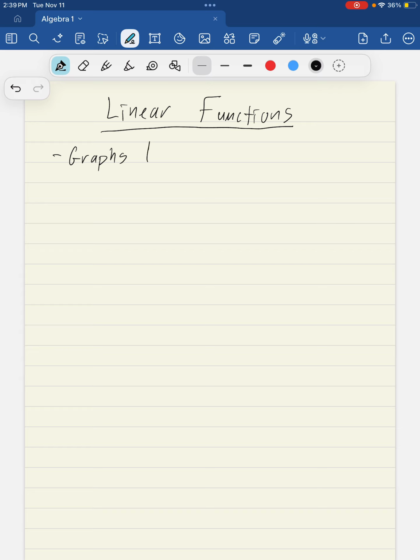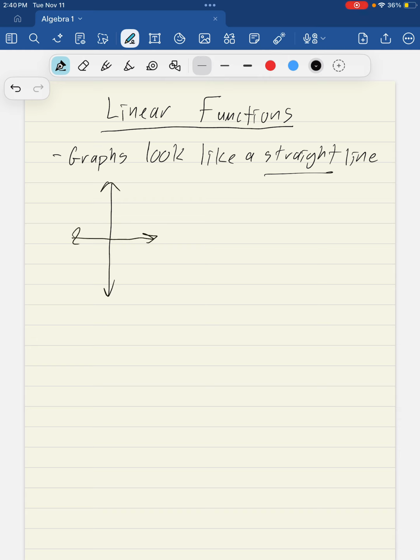So the graphs look like a straight line. Okay. So if we have a couple graphs, they could look like this, a straight line going up at an angle, or it doesn't have to necessarily be at an angle.